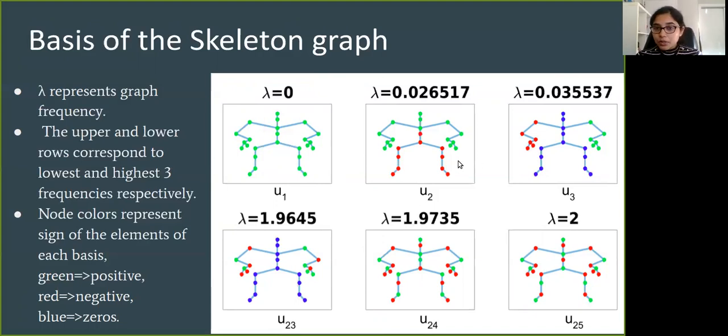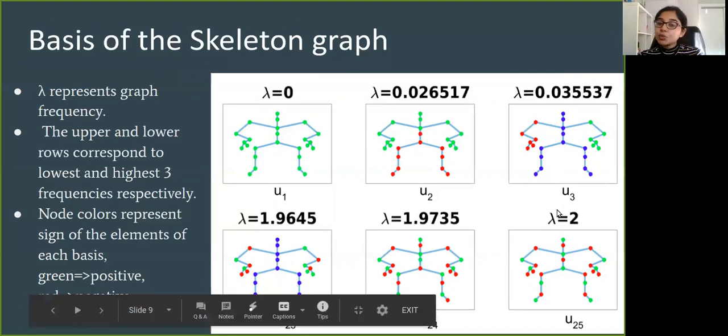The second one, which corresponds to the graph frequency lambda equals 0.02, basically captures the variation of the graph signal present in the upper body and the lower body. The third basis, corresponding to the graph frequency 0.03, captures the variation in the left hand and the right hand.